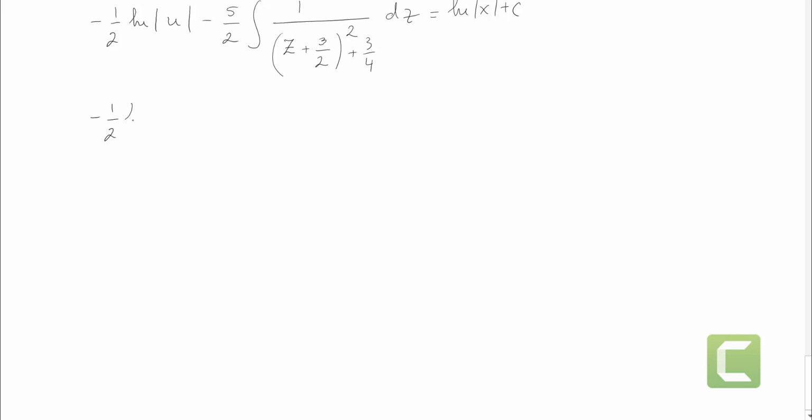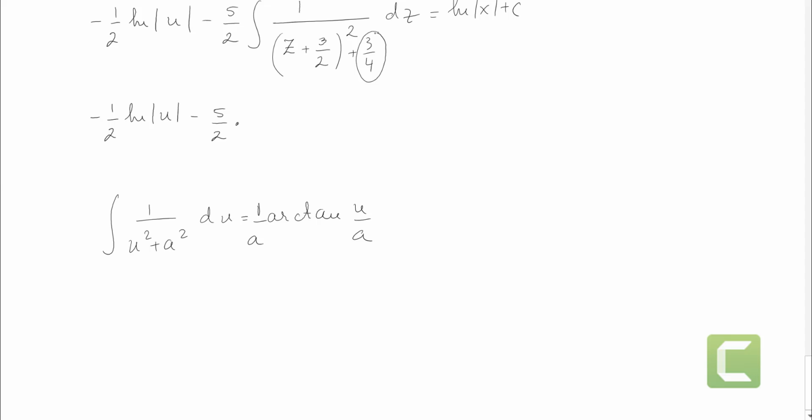So negative 1/2 ln of absolute value of u minus 5 over 2. And then this one is the integral of 1 over (u squared plus a squared) du, which is actually 1 over a times arctangent of u over a.